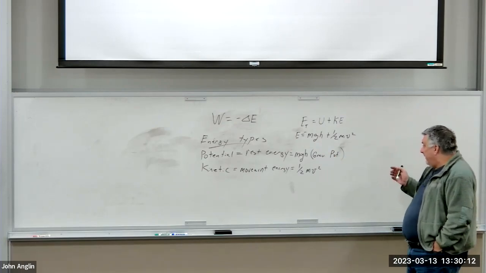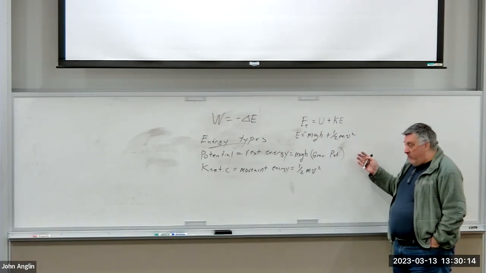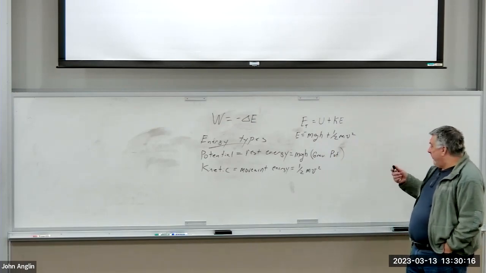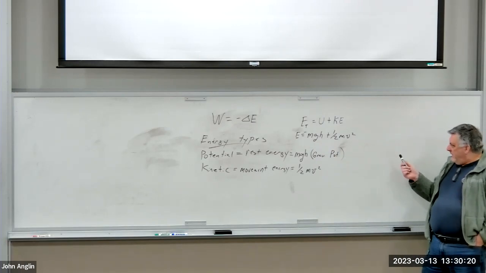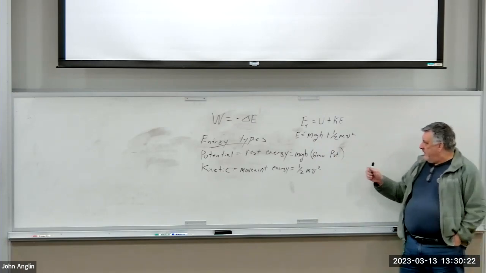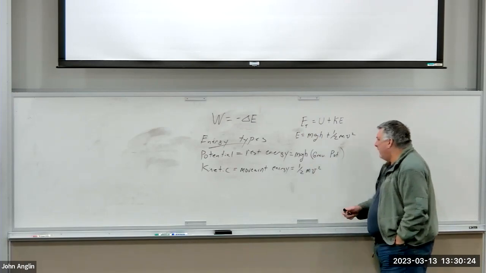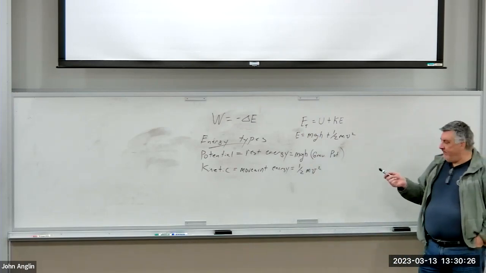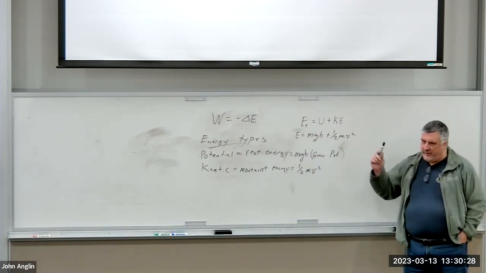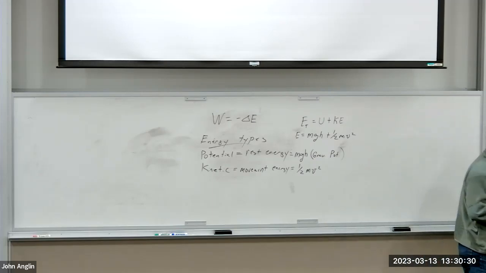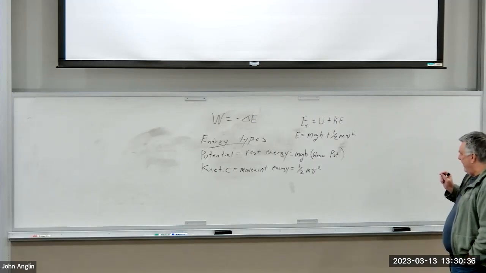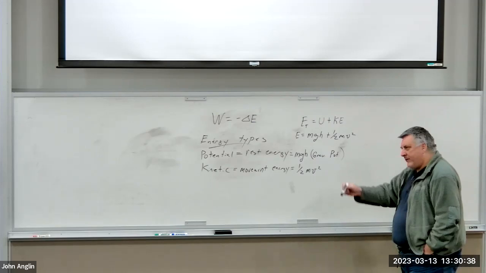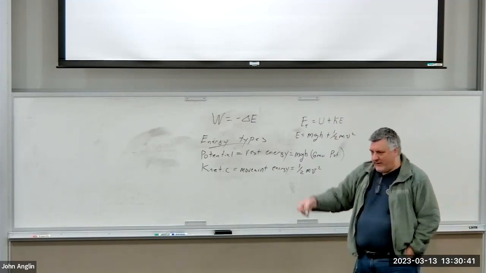Well, we need to do a little critical thinking and investigation now. If the total energy is the sum of these two, let's think a little bit about a problem where we have our pen, we're about to drop it.